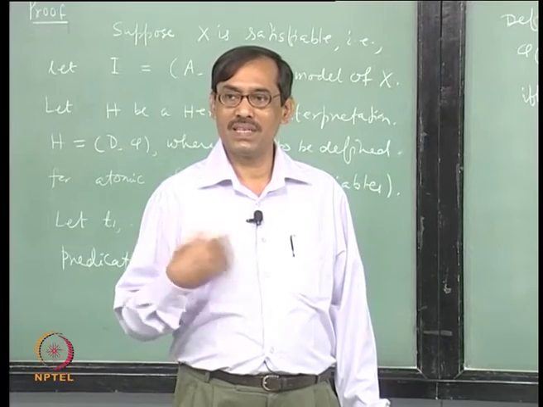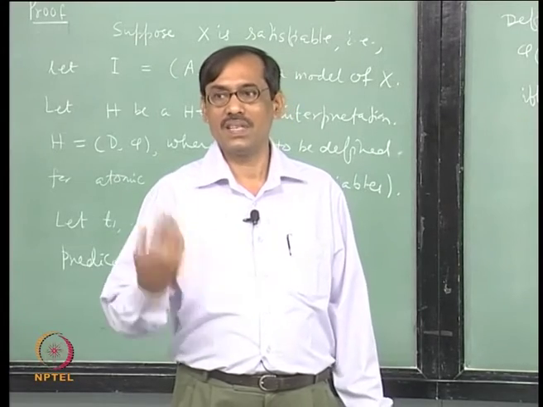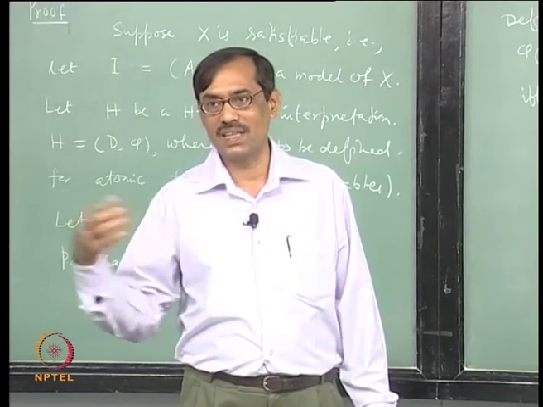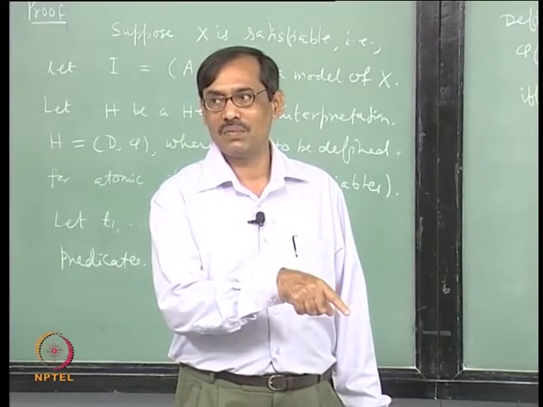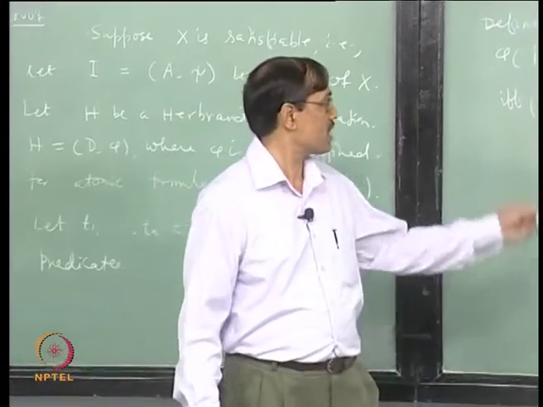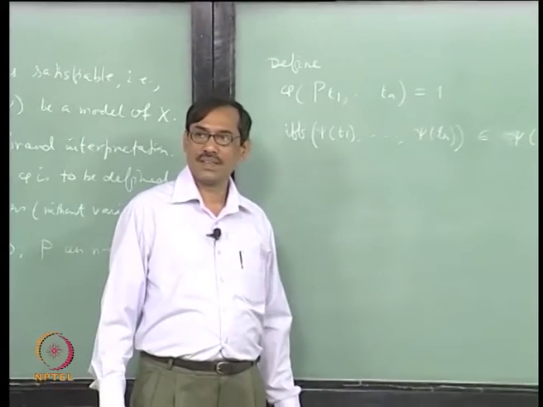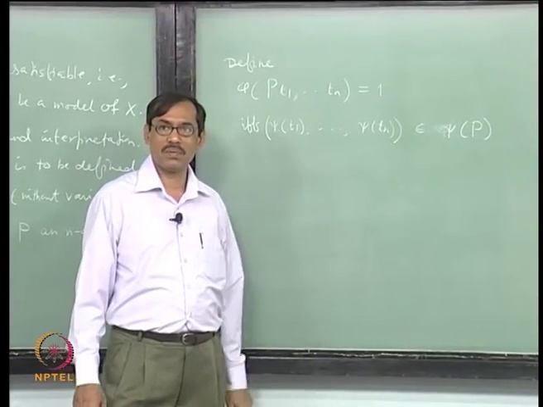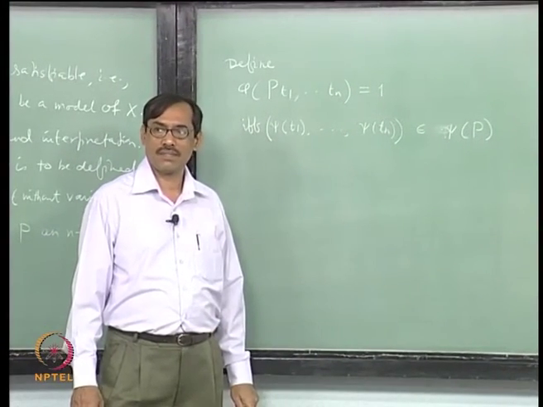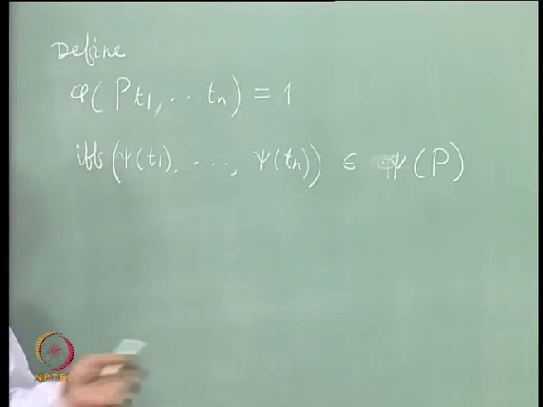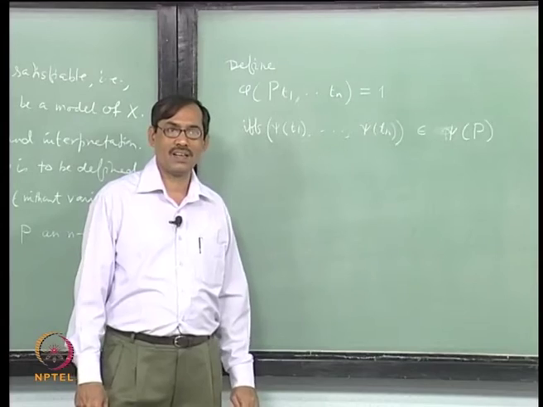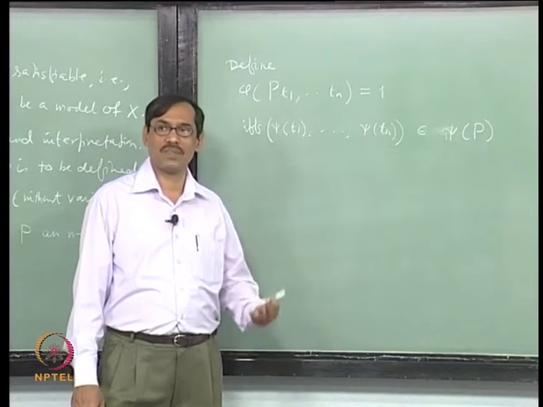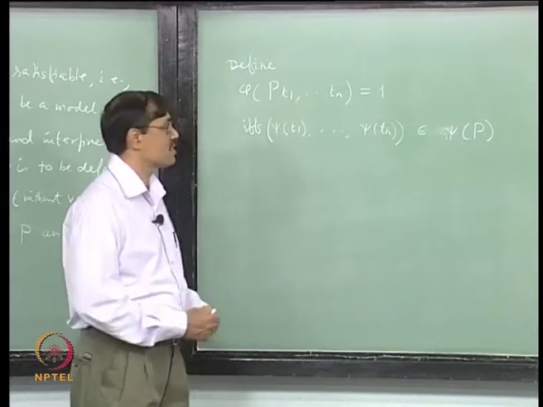Now, if it holds for every element in D, then it will hold for every element in T also, because all these T's are mapped into the D somewhere, they are implicitly being mapped to D. So, the proof should go that way, but a formal proof will not finish with that, we have to start by induction on the number of free variables in X. So, let us try that directly.